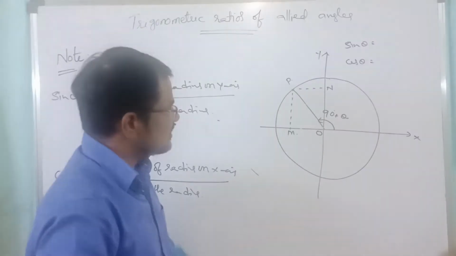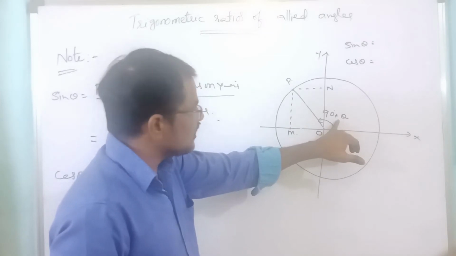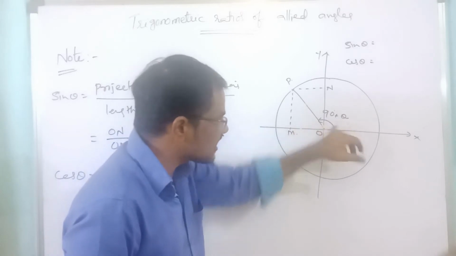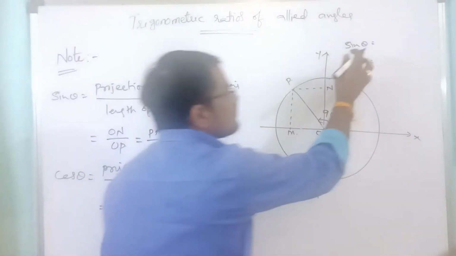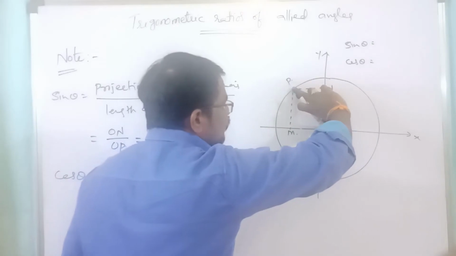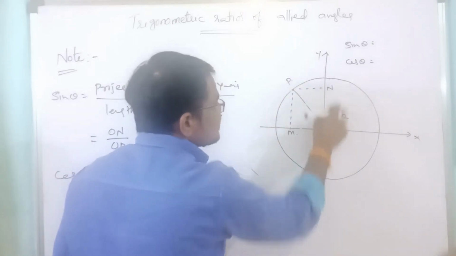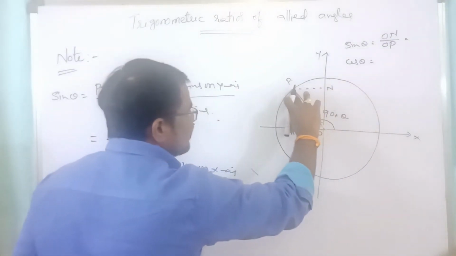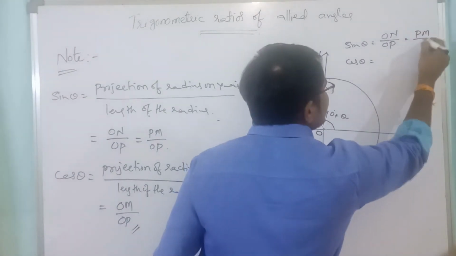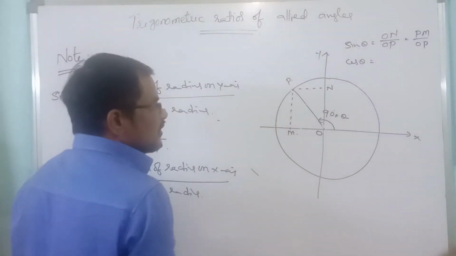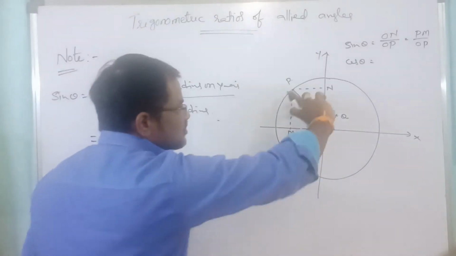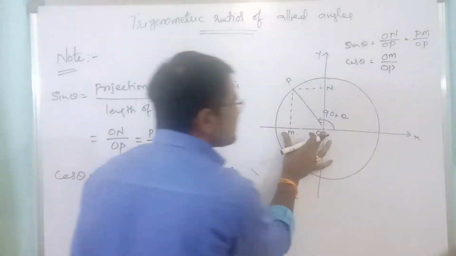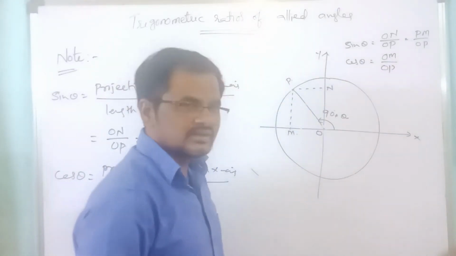OM. Once again, listen. For this angle 90 plus theta, the radius OP makes angle 90 plus theta with the x-axis. So how to define sin theta? The projection of OP on the y-axis is ON by OP. But the length ON is equal to PM, so this is PM divided by OP. And cos theta is the projection of OP on the x-axis, which is OM by OP, right?